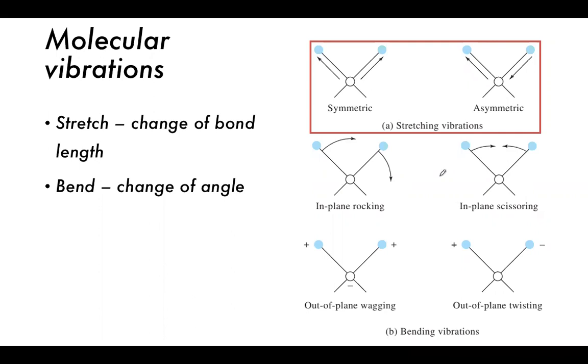In plane, they go forward together and they go back together. Out of plane is they go opposite directions. Here they're either coming towards the plane or out of the plane, so out of the screen or into the screen. Here, one is going out and the other is going in alternately. So those are the 6 main types of vibrations.